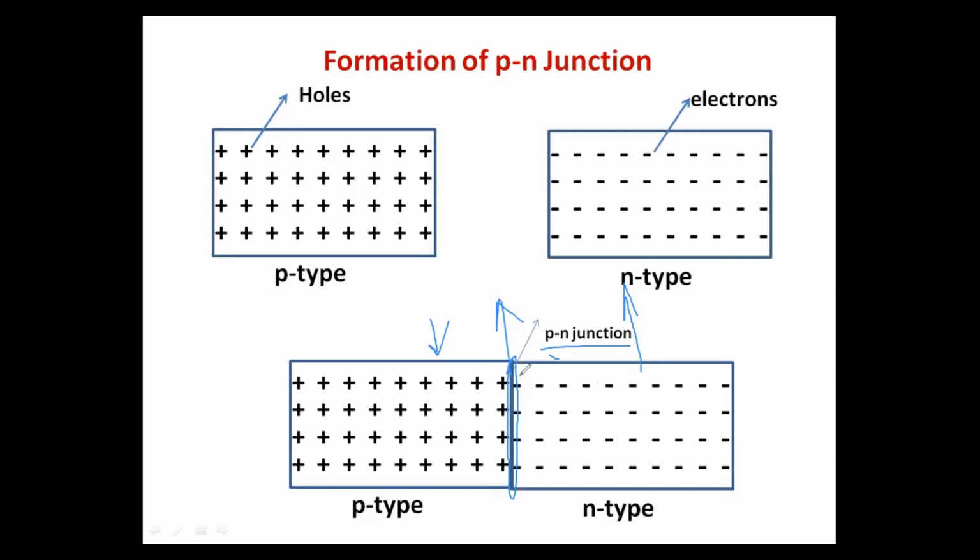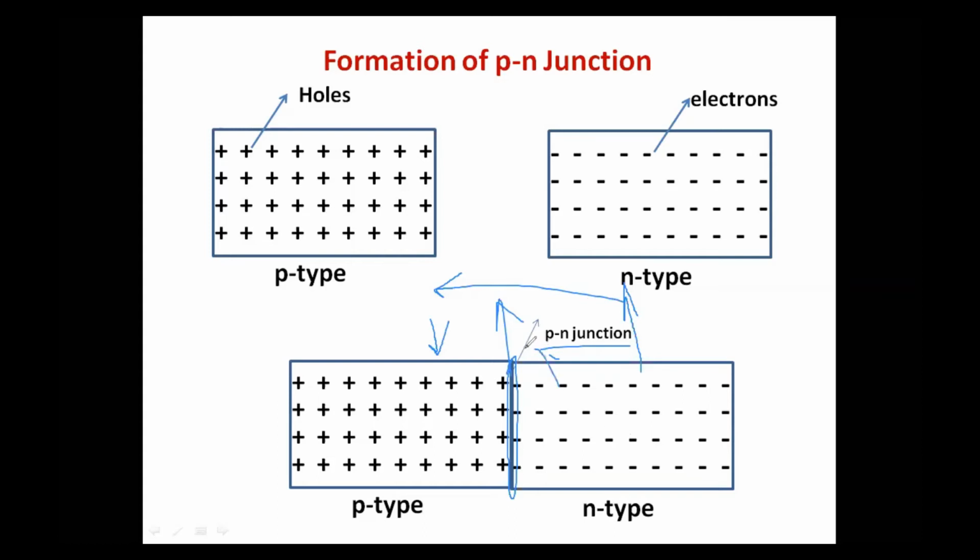By joining these two materials, we have created, from n to p, a concentration gradient of electrons. We already saw, while discussing diffusion current, that wherever there is a concentration gradient, the charged particles will diffuse from the high concentration region to the low concentration region.